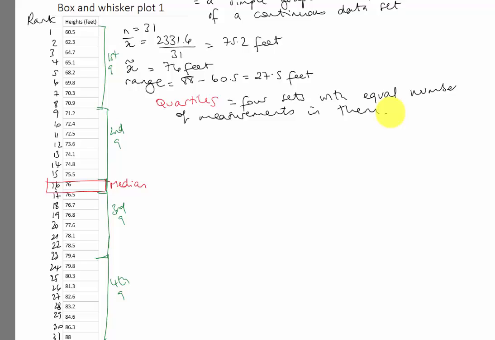Okay, so now we can proceed to making our box and whisker plot. The first thing I need to do is draw a scale. So let's go from 50 to 100. So 50, 60, 70, 80, something like that.